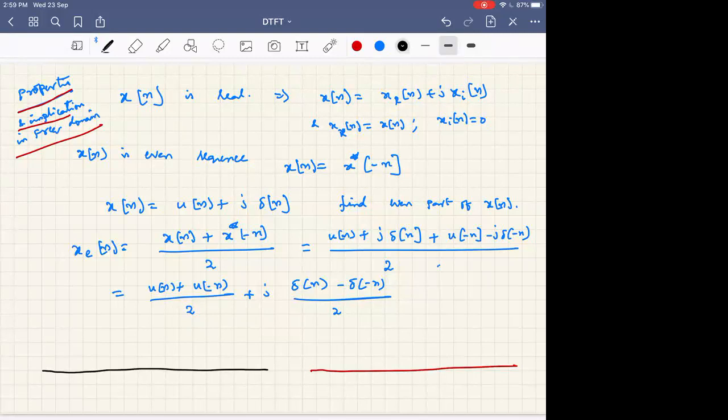I want to first look at the real part, then we will go for the imaginary part later. So for the real part, how will x of n be? It is symmetric. I have not plotted the discrete one, but assume that it is discrete.